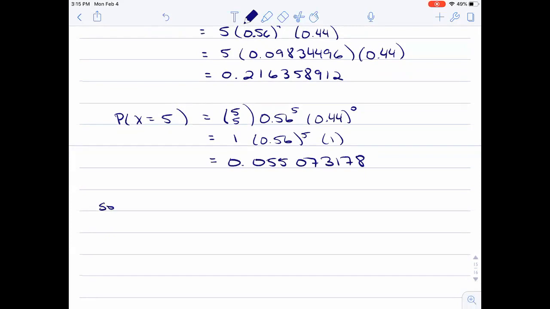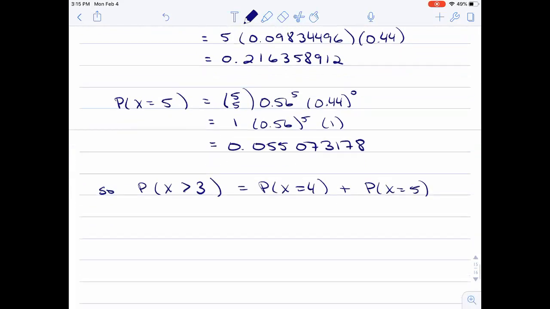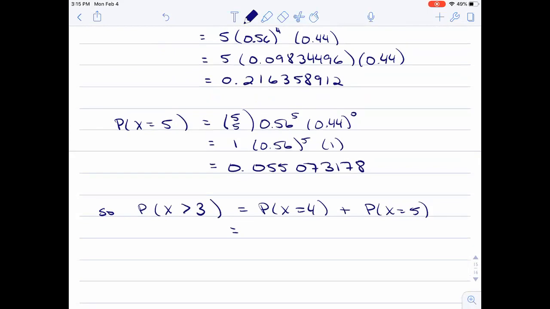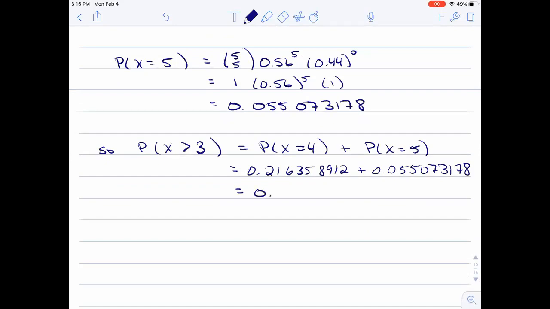So the probability that x is greater than 3, not including 3, is the probability that x is 4 plus the probability that x is 5, which we just said was 0.216358912 plus 0.055073178, which is 0.27143209.